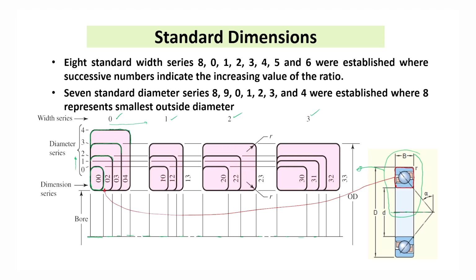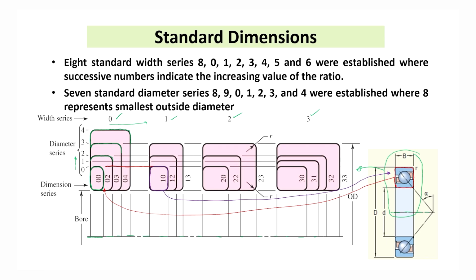Now, when we make it 1, 0, that means now the width series is 1, but the diameter series is the same, and so the outside diameter will remain the same, but the width is increasing, and so you see the shape is now this one. See the difference between the 0, 0 bearing and the 1, 0 bearing.